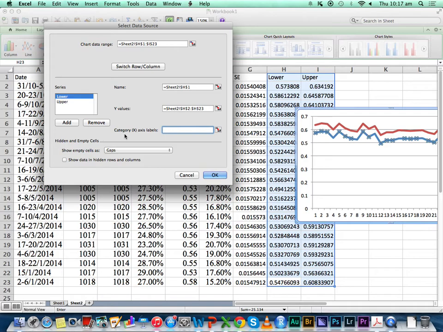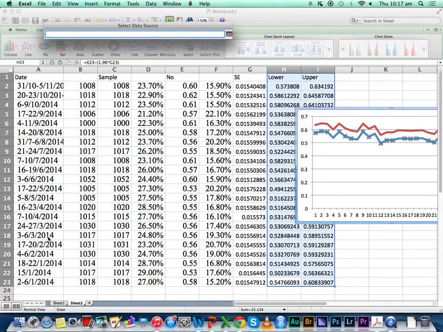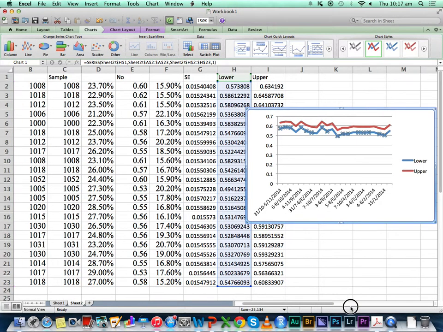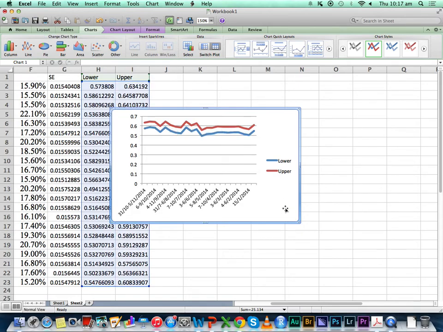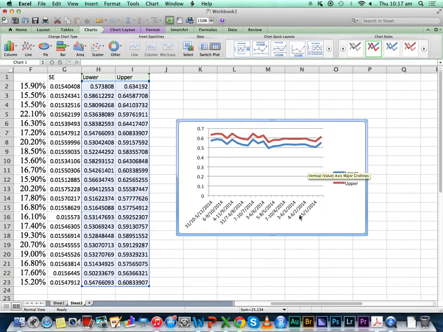There is a little option here called category axis label, and then select all the dates here. It will change to date, and pretty much answers the question.